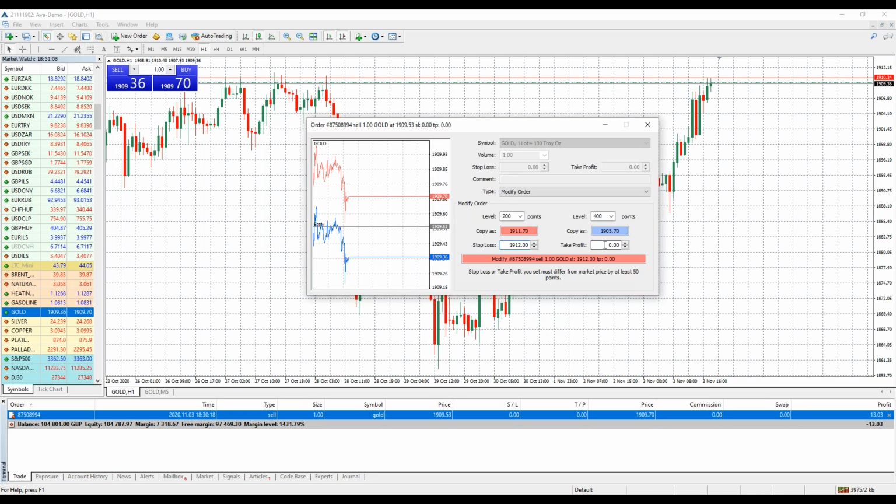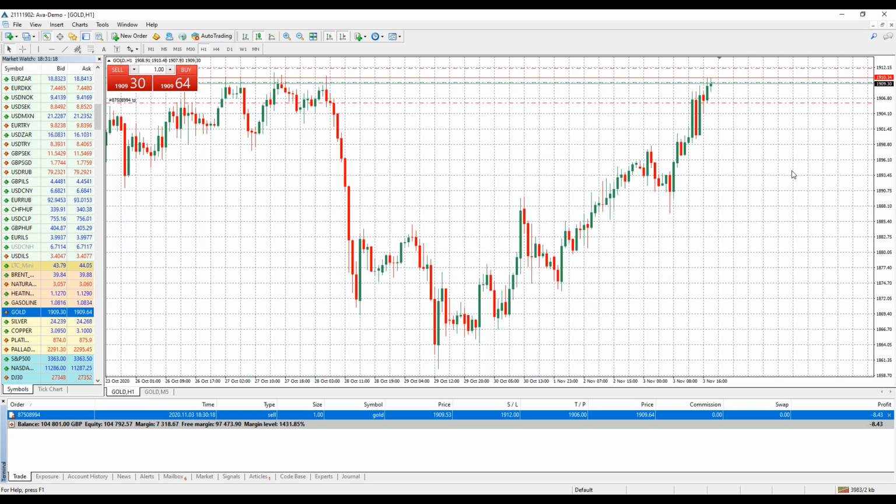Where's my take profit? Maybe at 1906. Okay, so there. Potential profit twice what my risk is, approximately, just by the eye here. Almost twice the distance to my potential profit down as my risk up, right?